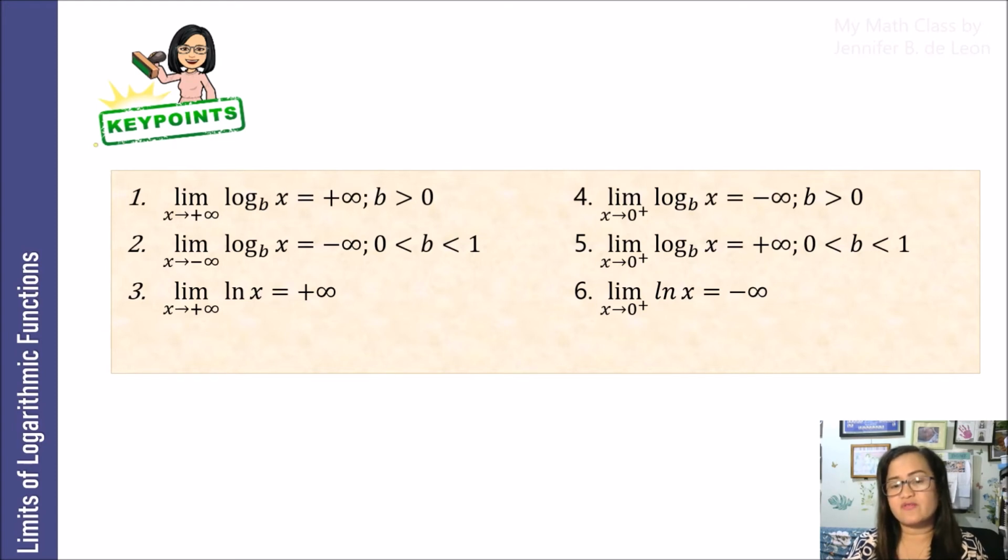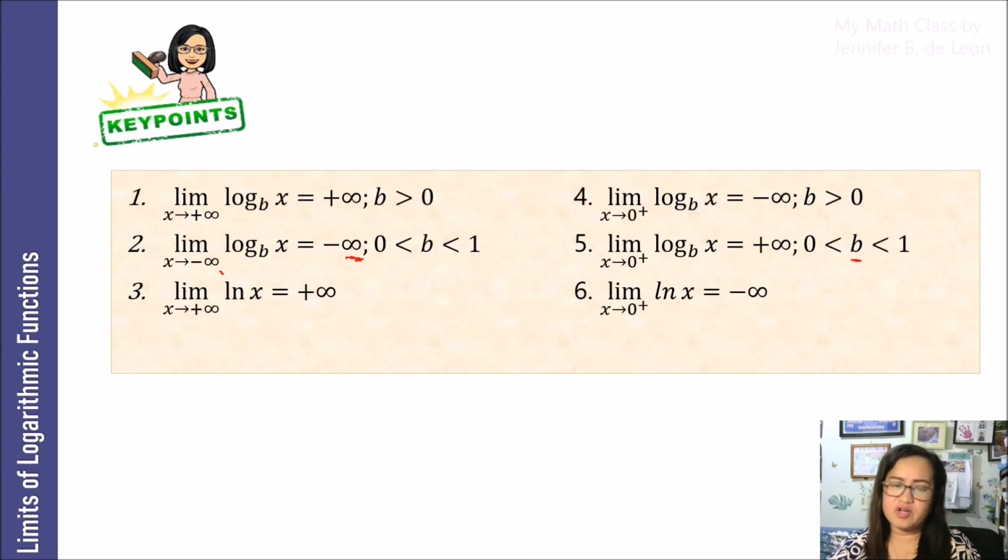Whereas if b is a fractional number, as the value of x approaches negative infinity, then that is equal to negative infinity. The same goes for rule number 5. This is for values of b which is less than 1 but greater than 0.